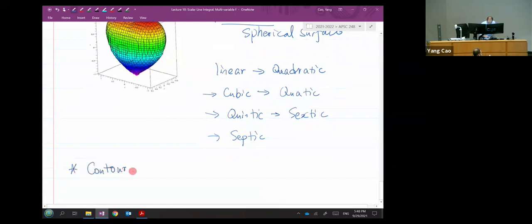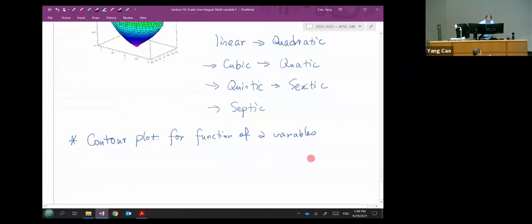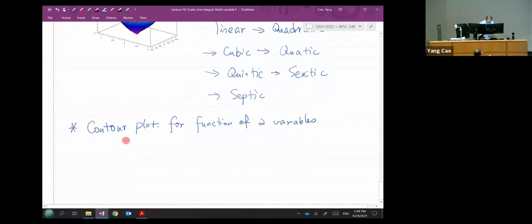So now let's quickly look at another topic, which I have touched upon a little bit already. It's called a contour plot for a function of two variables. I might not be able to get into the details here, but let's just consider the idea, and then I'll show you some examples.